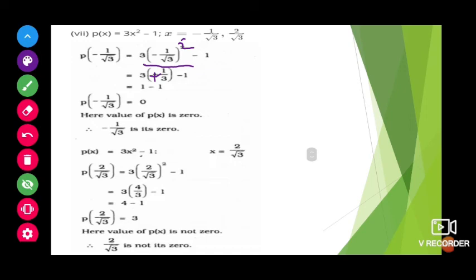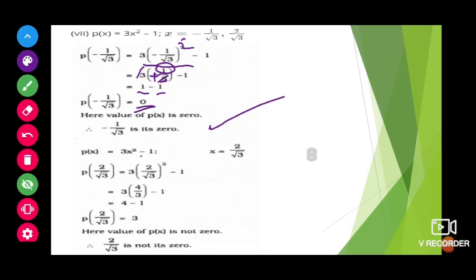So 1 square is 1, and root 3 square, root and square get cancelled, giving 3. So 3 into 1 by 3, the 3 will get cancelled, the remaining is only 1. So 1 minus 1 is 0. Yes, it's a 0 of the polynomial.